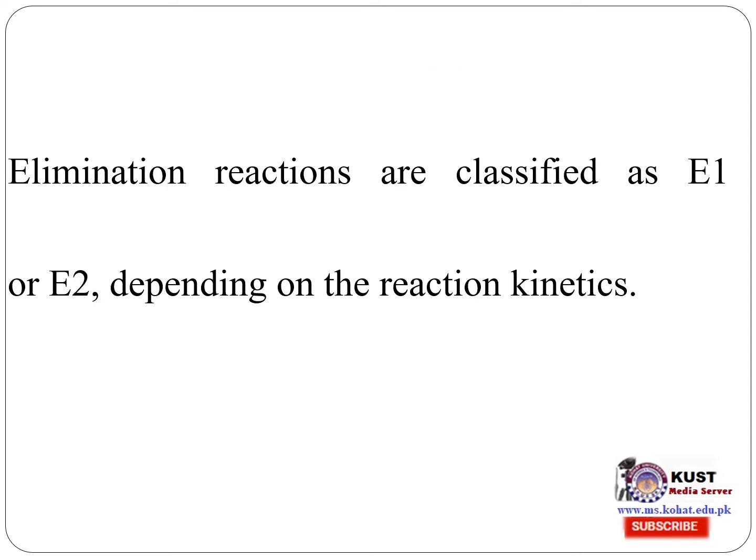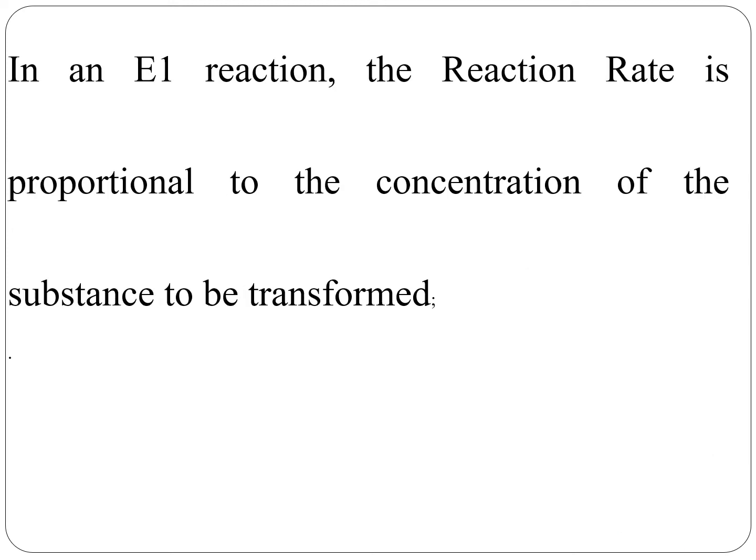On the basis of kinetics, the elimination reactions are classified as E1 or E2. In E1 reaction, the reaction rate is proportional to the concentration of the substance to be transformed. So in the E1 reaction, there is one substance involved in the rate determining step, and that is the substrate, or the substance which is to be transformed to the eliminated product.